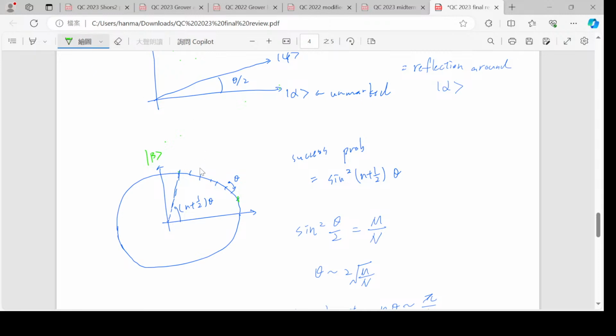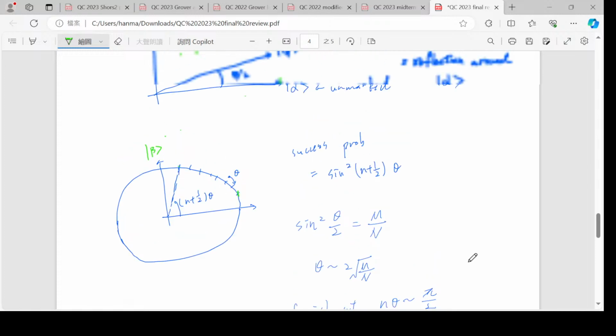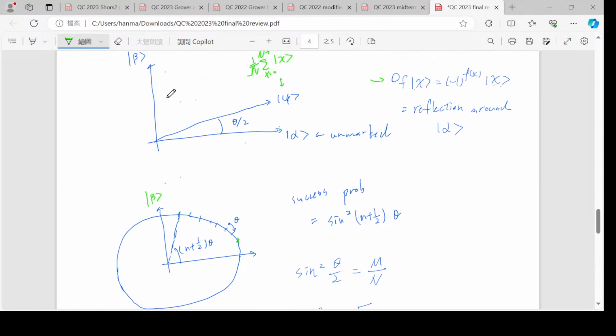Okay, and so we want n theta to be about pi over 2. And then we can calculate a bit about theta. So what's theta? We can think about here.